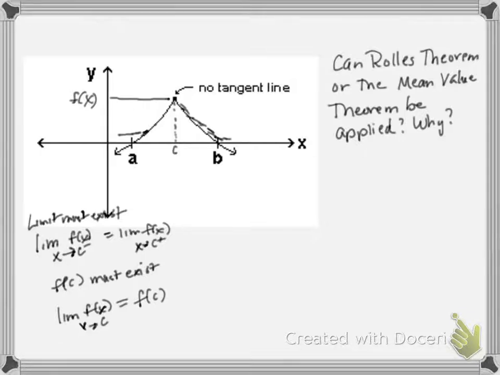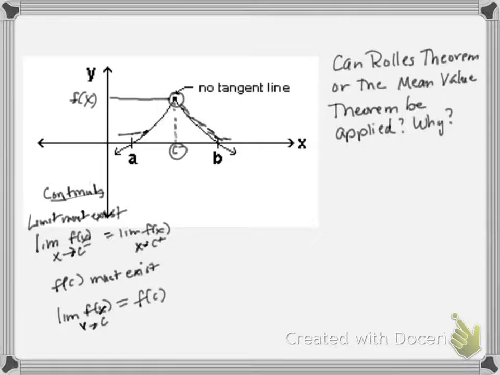So the second thing is that f of c must exist. So f of c does exist at this point here. All right, and I know that the limit of the function as x approaches c has to be equal to f of c, and they will have the same y value. So the function is definitely continuous. All right, so now look to see if the function is differentiable.